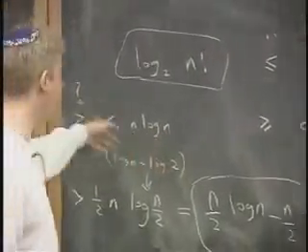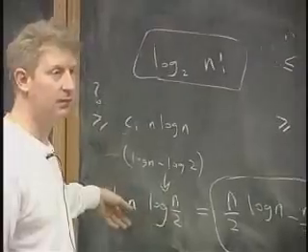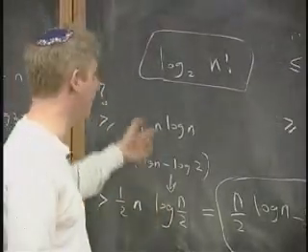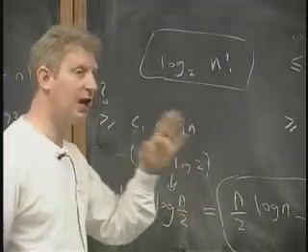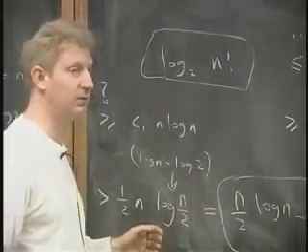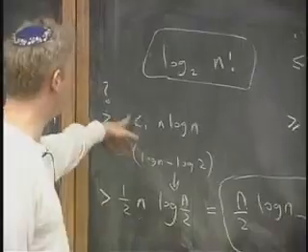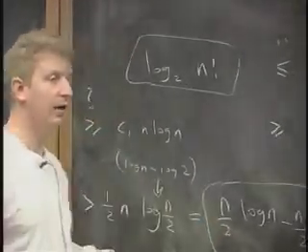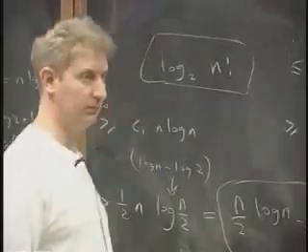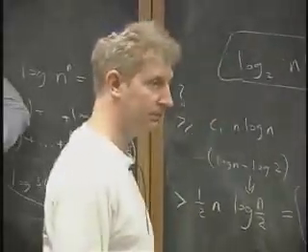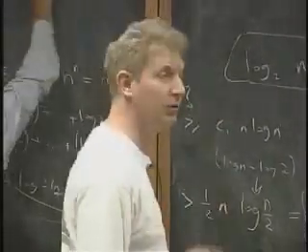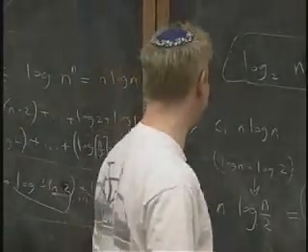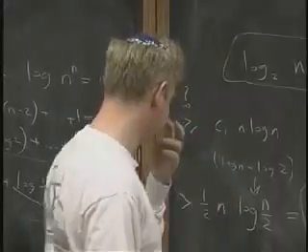So I'm going to use a half for that constant. It's not bigger than n log n itself. That's true. It's bigger than half of it, though. It's bigger than some constant fraction of it. The constant that I ended up using here is a half. That constant will do it for every n larger than a certain n. I don't believe it. I don't know what the trick here is.